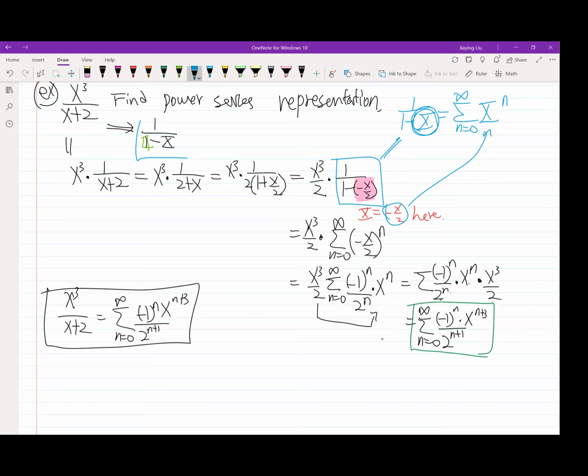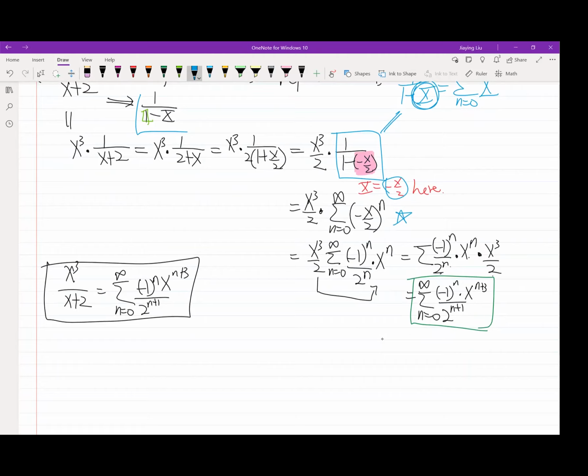That's how I end up with this expression below, right here. And then the rest is about simplifying, separating the negative 1, separating the 2, and then the x.